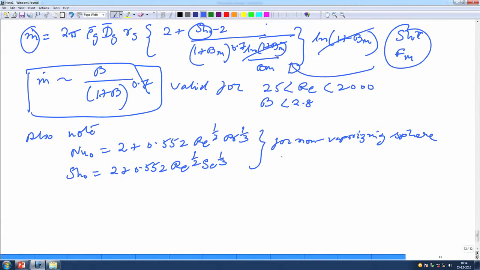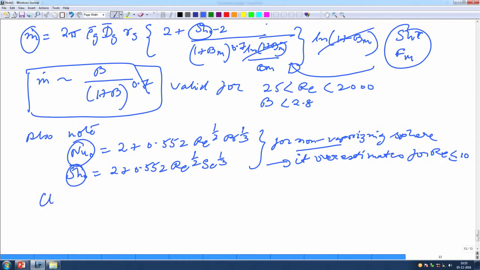It has been shown that it overestimates for Reynolds number less than or equal to 10, because these are for non-vaporizing spheres, as we already stated.